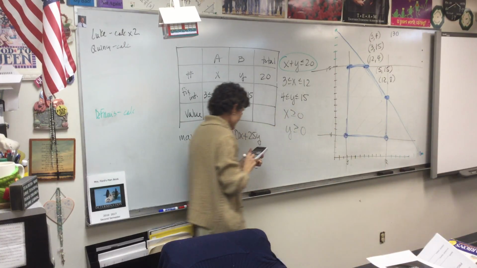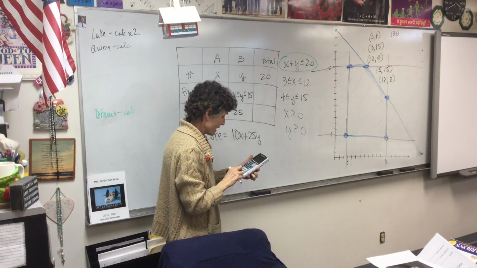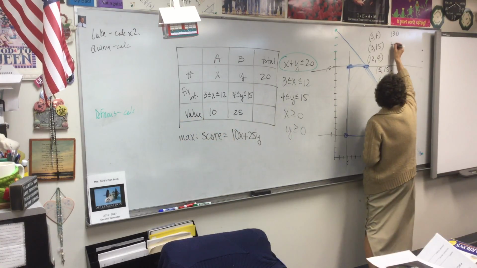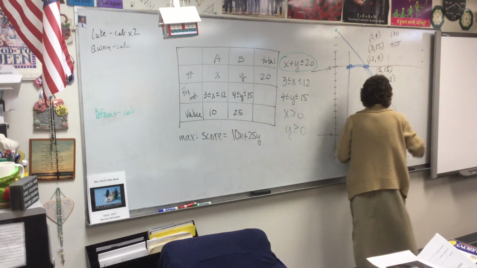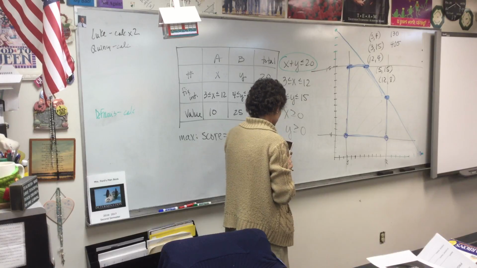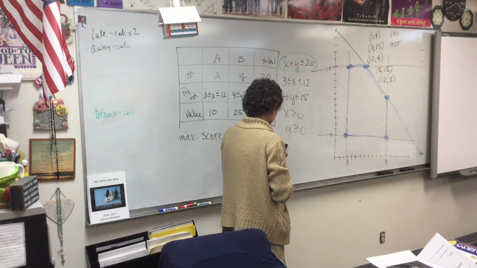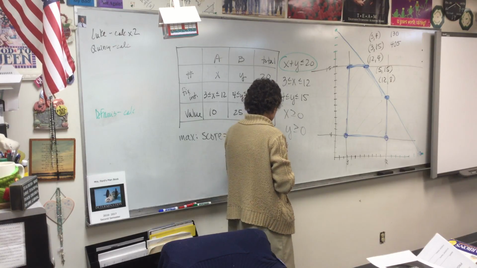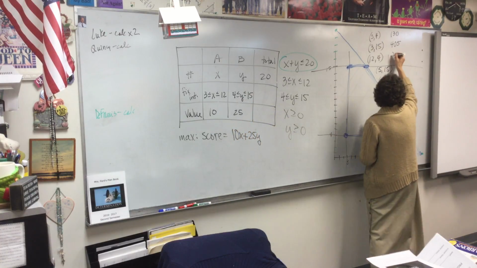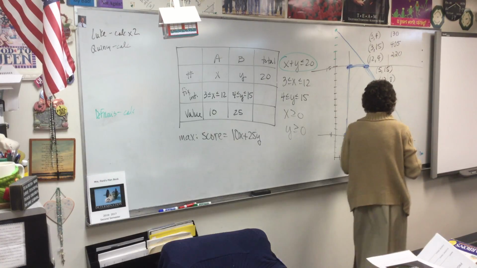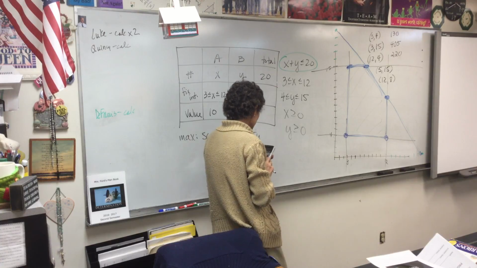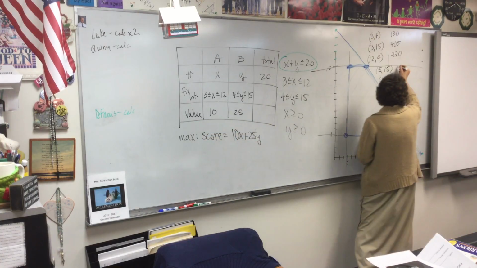Well, what if you do 3 x's and 15 y's? 405. 12 x's and 4 y's would be 220. 5 and 15 is 425.